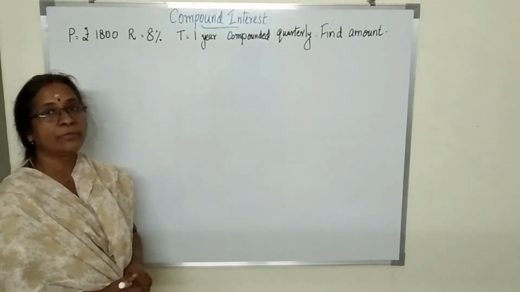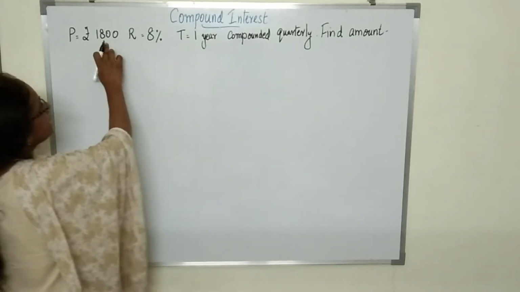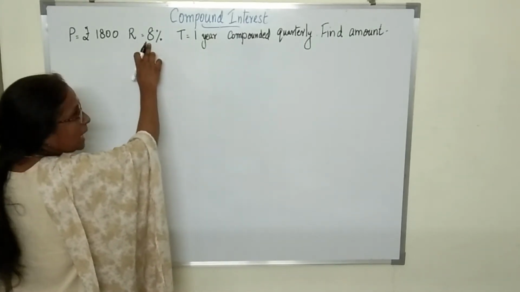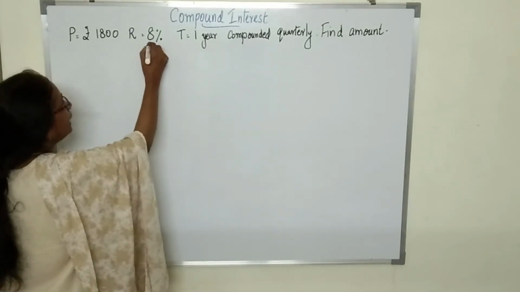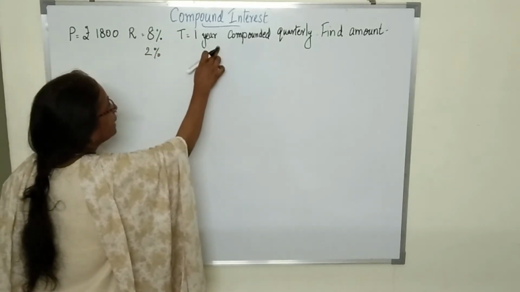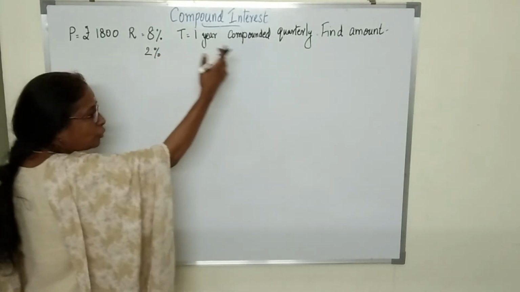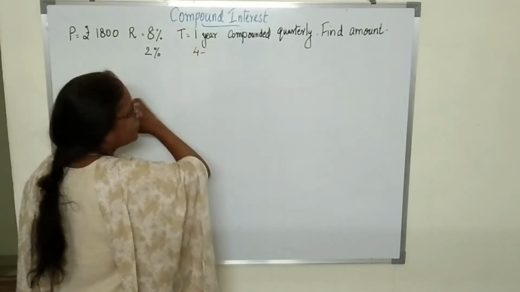Now let us do it without using the formula. Here P is 1800, R 8%. You know when it is quarterly we have to make it 2%. And 1 year will be considered into 4 parts. So we have to find 4 times.